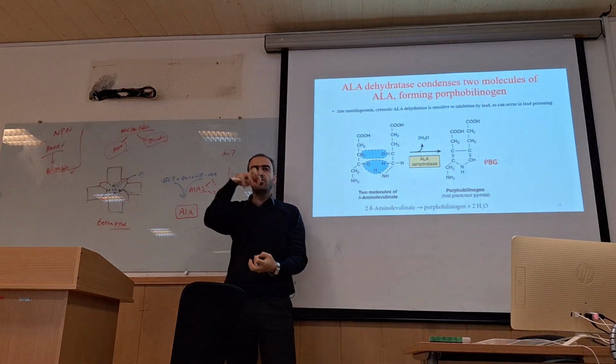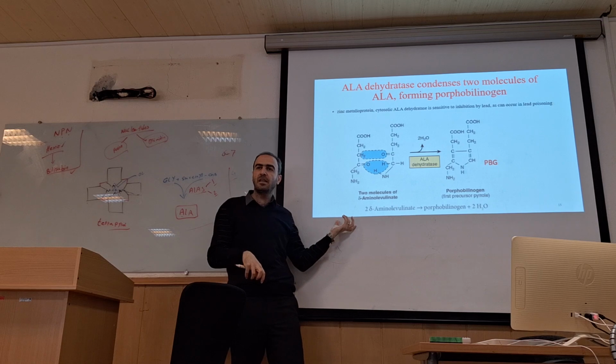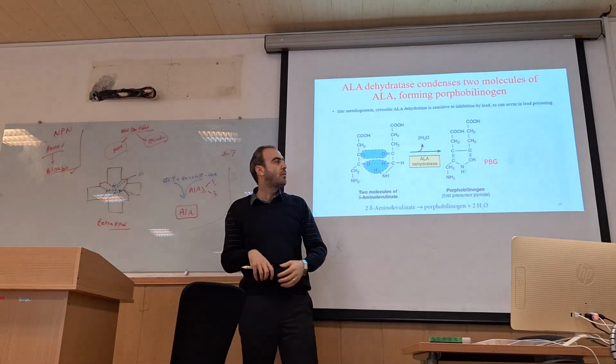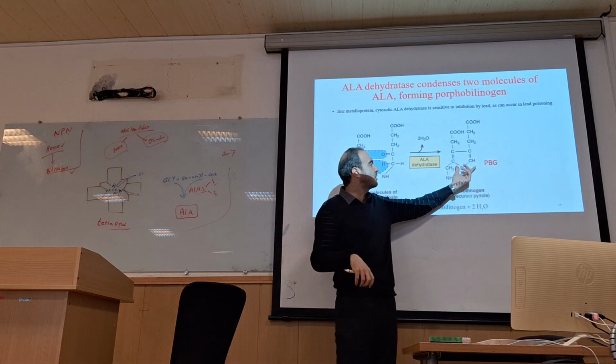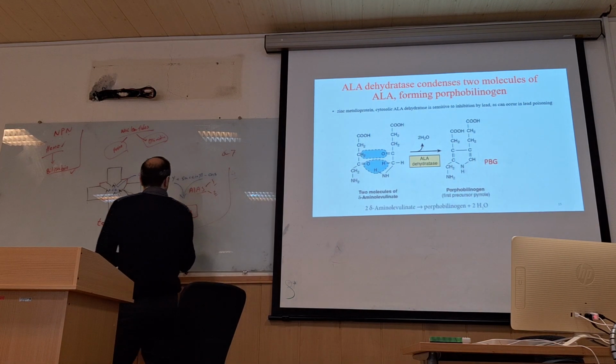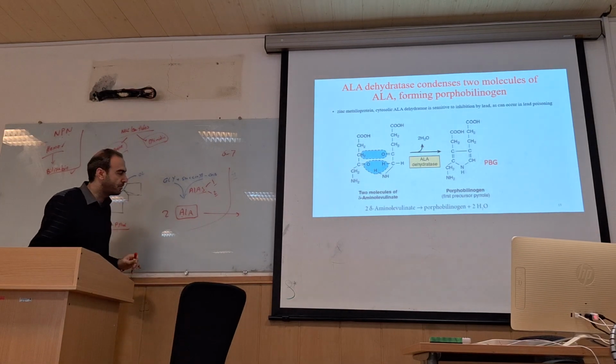When we remove water, we call it dehydratase, because the substrate is ALA and the enzyme is ALA dehydratase. And what is produced for us? This molecule, which is known as PBG. So 2 molecules of ALA together by ALA dehydratase.